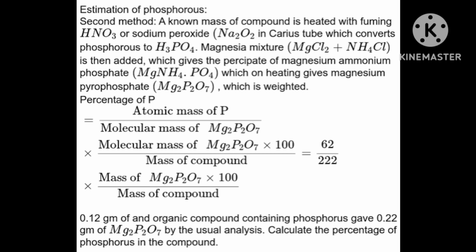How will you get magnesium ammonium phosphate? You have the phosphoric acid, you add magnesia mixture, magnesium hydroxide, you do the treatment, and ammonia will also be there. Then you will get Mg2P2O7. You can note it down if you have pen, pencil, paper.